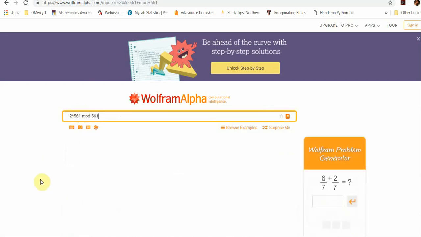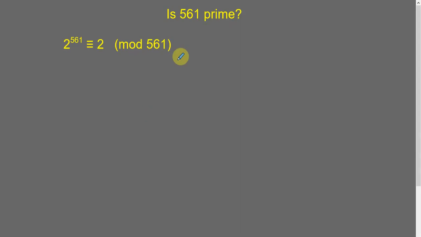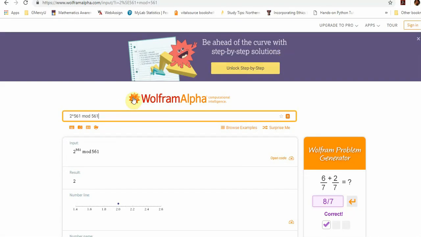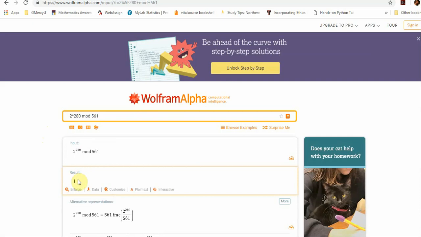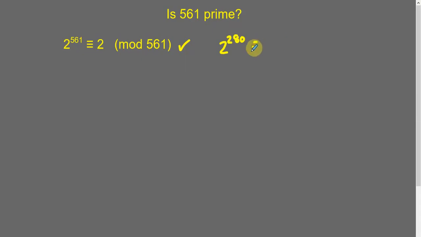And the answer, I think, is going to be yes. Yep, 2. But before moving on to 3, we take away 1, 2 to the 560, and take the square root. So 2 to the 280, right? We want to see if this is either 1 or 560. And we get 1. Okay, so we're still in the game.